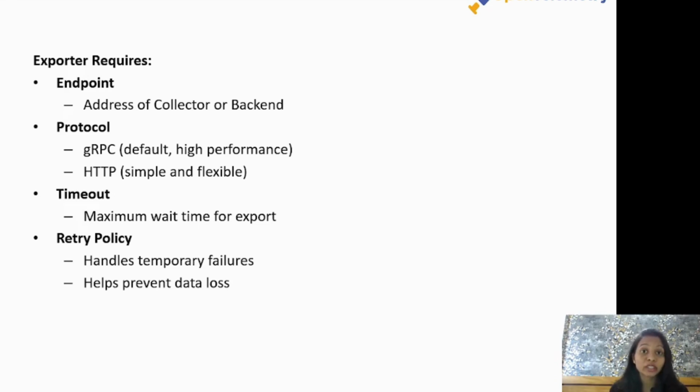Then timeouts set the max wait time, and the retry policy handles failure and also prevents data loss. A poor configuration can lead to data loss, high memory usage, and performance issues. So in production, retries and timeouts must be carefully tuned. This is a very helpful and important point: we must be careful while tuning the retry policies and the timeouts. OTLP is the most recommended one of the three types of exporters.